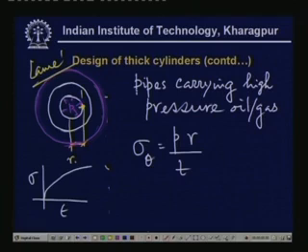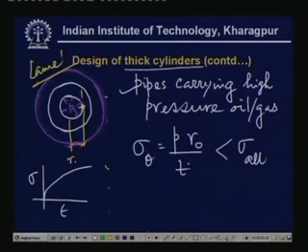But when we want to calculate for the thick cylinder, in this expression, instead of r, we put r0. Definitely the value of sigma theta is the maximum over here, and this must be less than sigma allowable. This is the design condition from which the value of T is calculated.